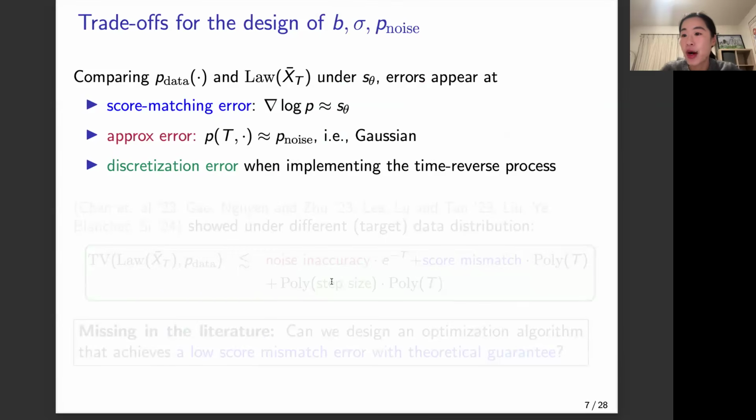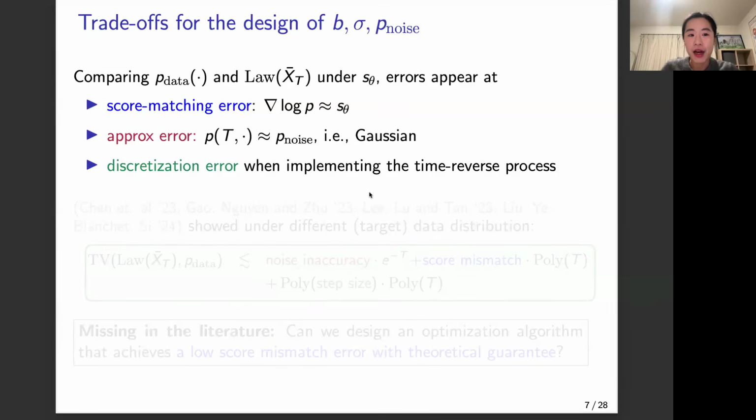And of course, if we want to simulate an SDE in practice, we need to do discretization in time. And we want to make sure that the discretization, when we implement the time reverse process, is also well controlled.